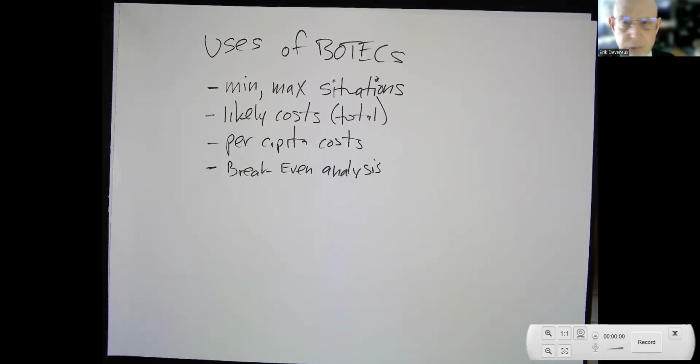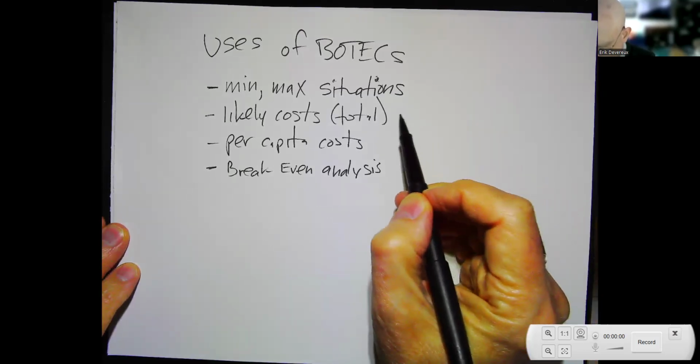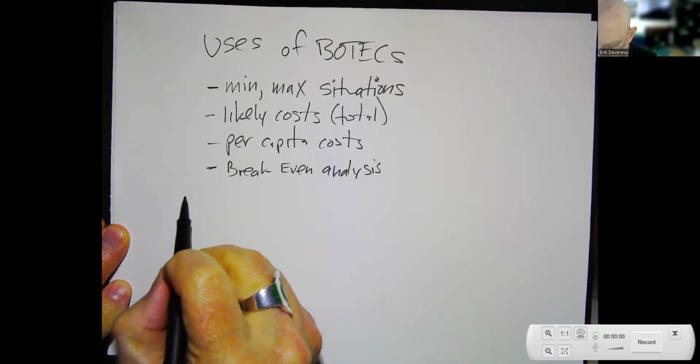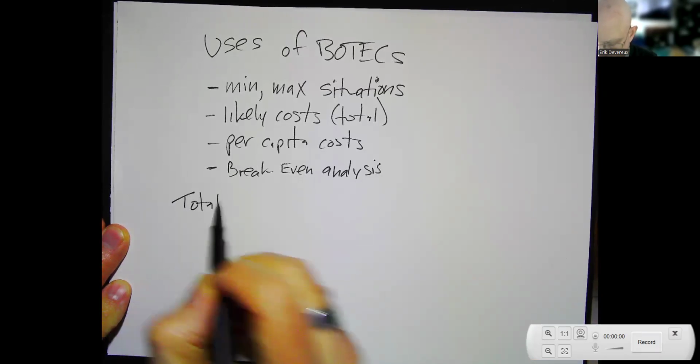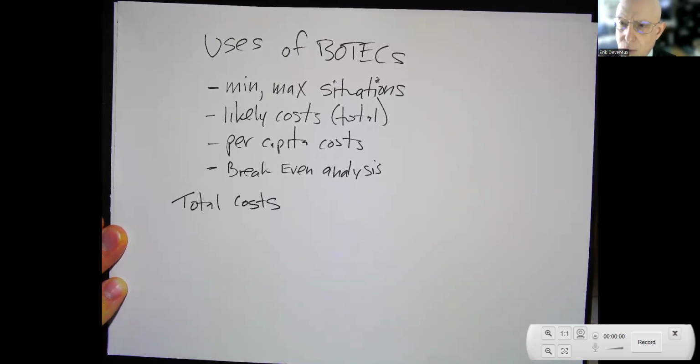Okay. The book works through some examples here, but I'm going to talk in general about some of the features of most BOTECs, and the formulas behind them. So let's take, for example, likely costs, or let's take the example of total cost analysis. Well, at the end of the day, especially if we're talking about the total cost that we're spending on units, for example, people.